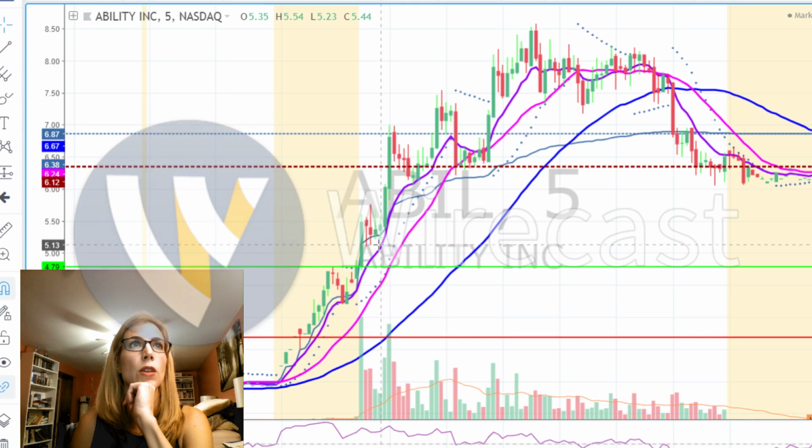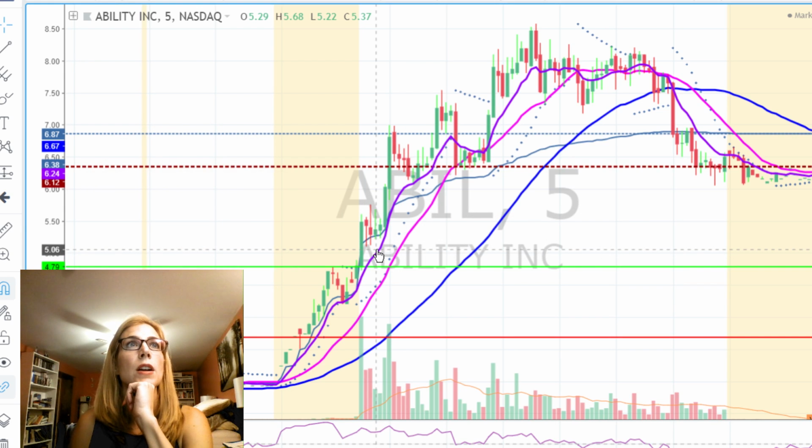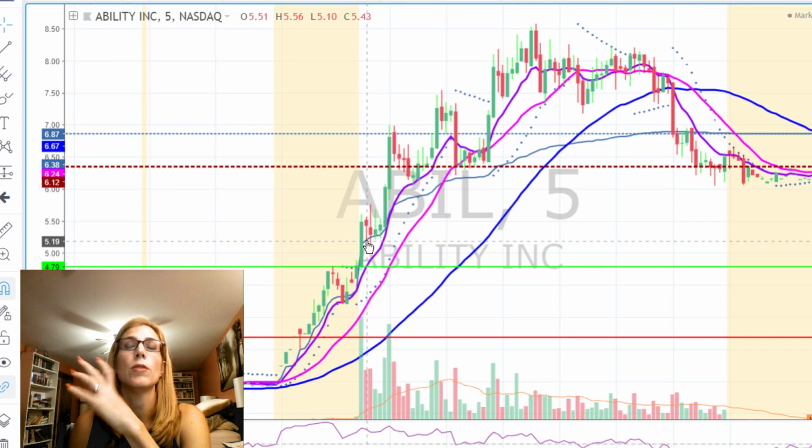This is the parabolic SAR, this is going to be our 9 EMA and 20 SMA, and then this is the 200 moving average. The VWAP is this lighter blue. So I was like, okay, it's holding the VWAP. I was watching the volume. I was watching level 2.